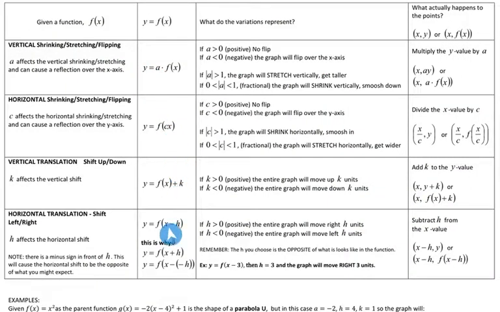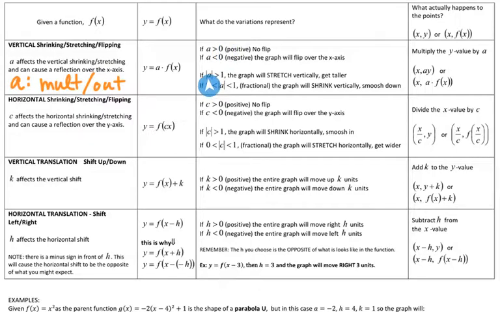A is multiplied on the outside. When we deal with multiplication on the outside of some grouping mechanism, if it is a positive number that we are multiplying by, there will be no flip. But if we're multiplying by a negative number, then we will flip over the x-axis. So positive and negative, when we're multiplying, just tell us whether or not the graph flips.